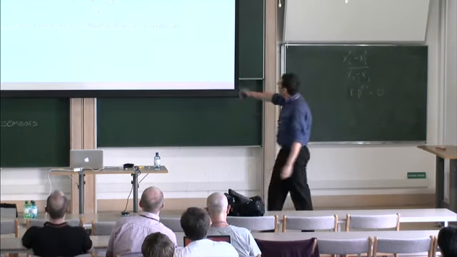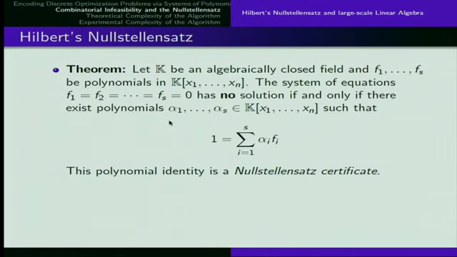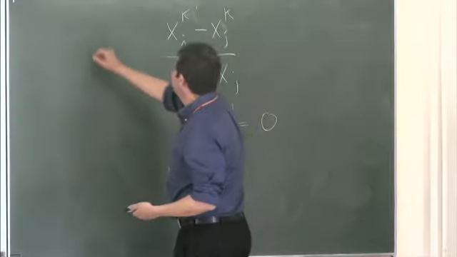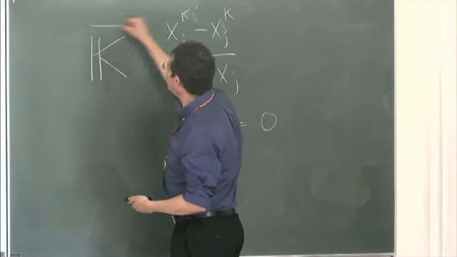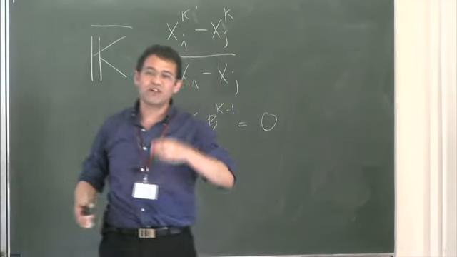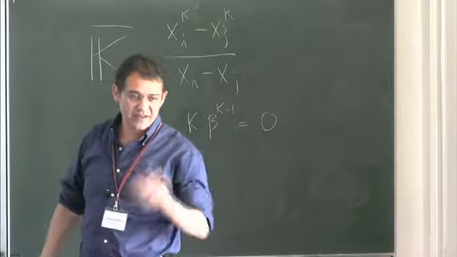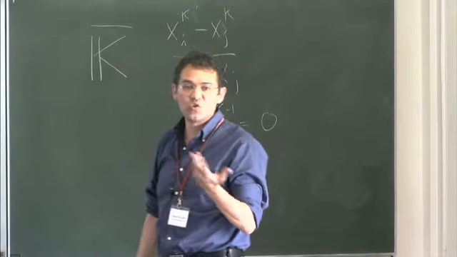So K is a field, and I'm asking the question: is the system of equations F1 equals 0, F2 equals 0, Fs equals 0 solvable over the algebraic closure K bar? There's a typo there, essentially. So let's call K bar the algebraic closure. For instance, if the coefficients are real, the algebraic closure will be the complex numbers. It's where you have all the solutions for the equation.